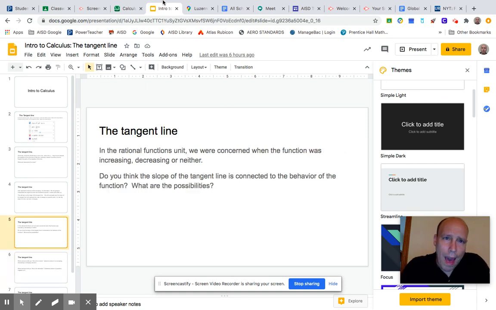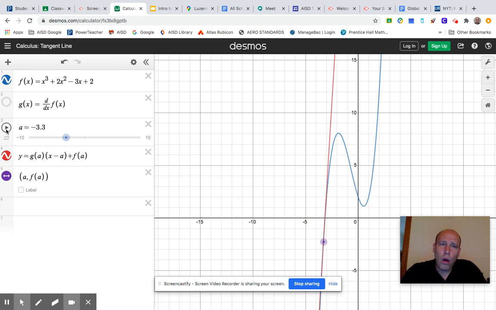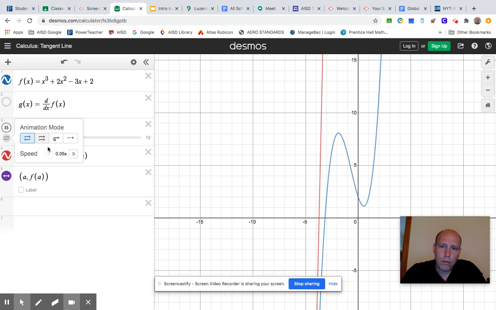So let's go back to Desmos, and let's bring our slider back right here. Let's reverse and slow it down.